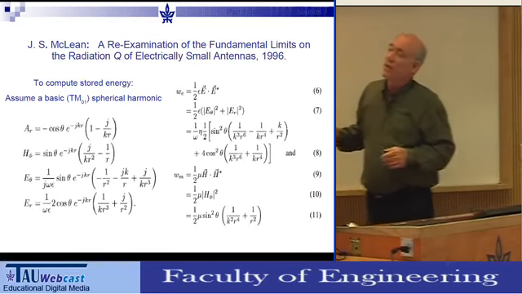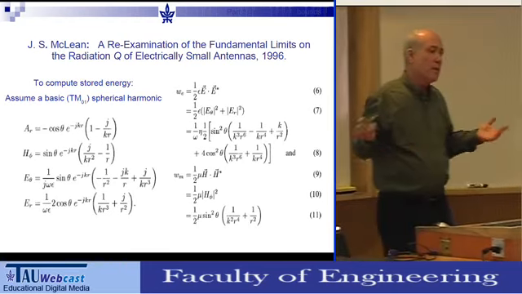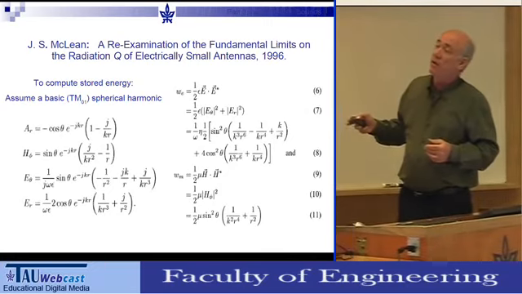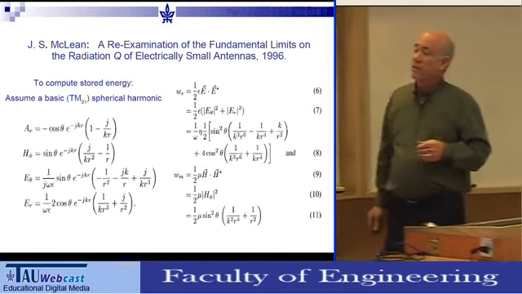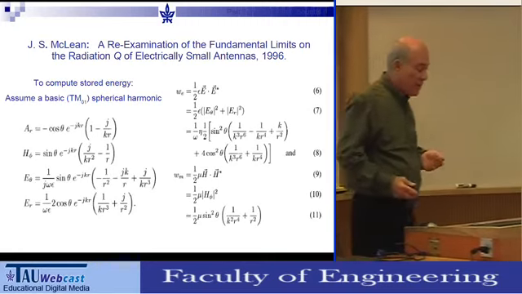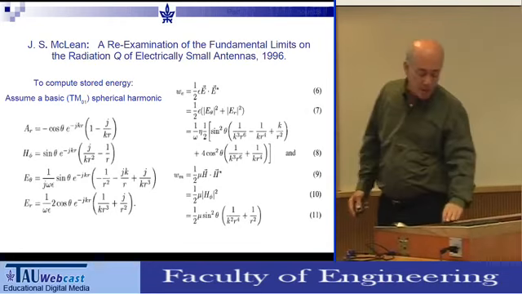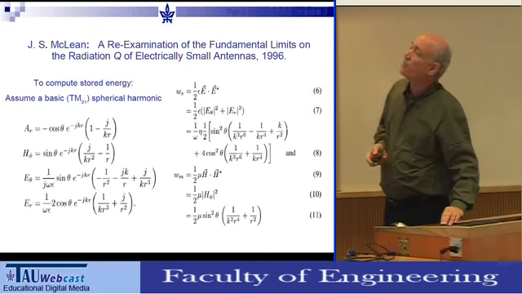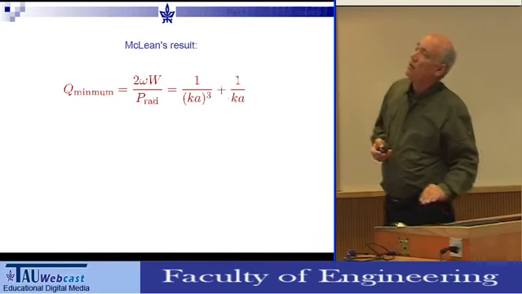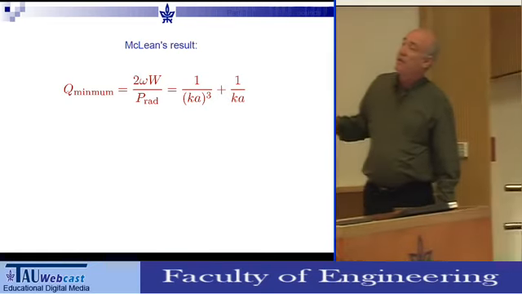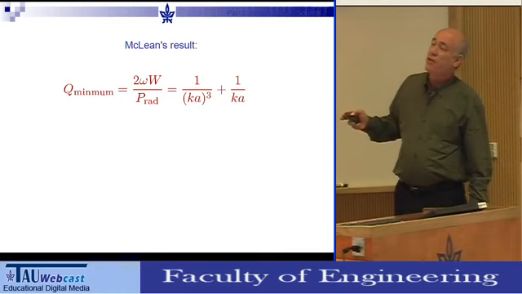These expressions relate to spherical harmonics expansion of the field, and this is the lowest order, TM01, which also coincides with the field of what we call an elementary dipole. Each spherical harmonic has a dipole moment associated with it as a source, but that's beside the point. Having worked a lot on this, I'm skipping all the details. Again, I'm repeating here the definition of the Q, but what you see here is this. A is the radius of the sphere I was talking about.